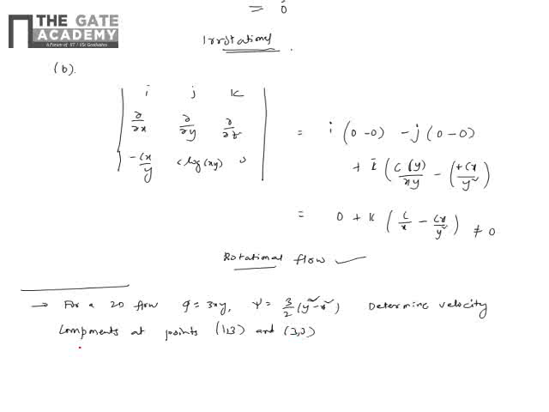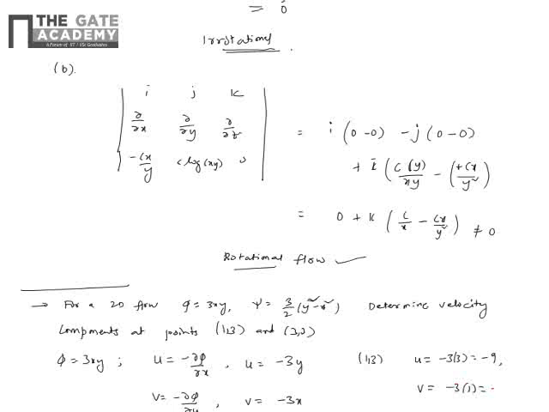Okay, so I can use either of the things. Let's use the phi for velocity, because the velocities are all defined in terms of each of these functions. So u is minus dou phi by dou x, v is minus dou phi by dou y. So u will be minus 3y, and v is minus 3x. So at 1 comma 3, u will be minus 3 into 3, minus 9, and v will be minus 3 into x, which is 1, minus 3.